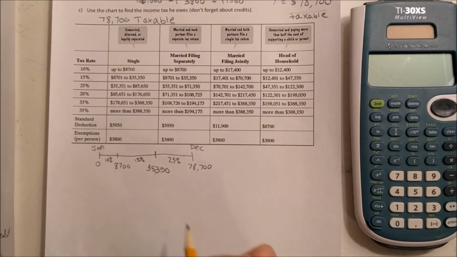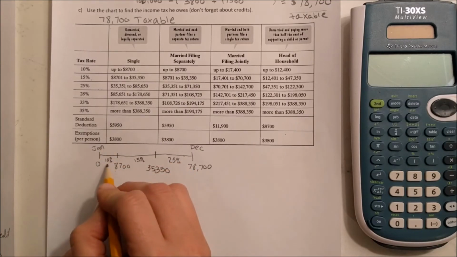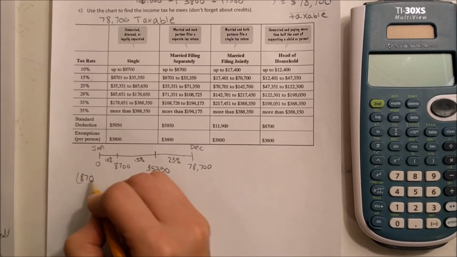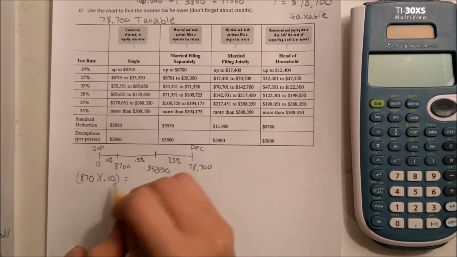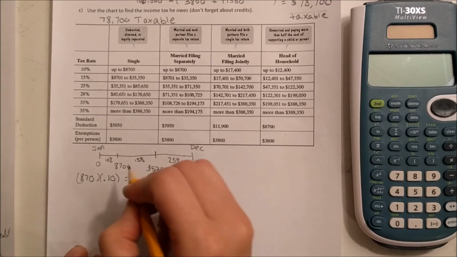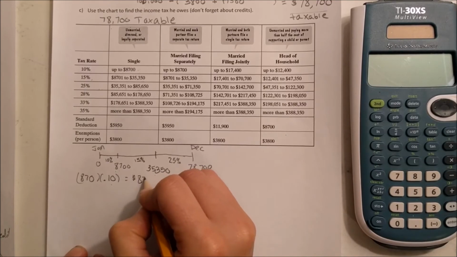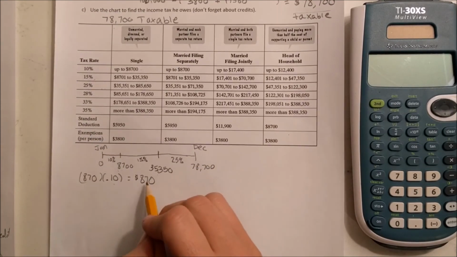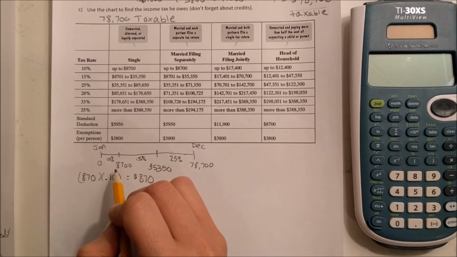Okay, so we start by saying, all right, this first $8,700 is going to be taxed 10%. So that's going to be 8,700 multiplied by 0.1 for my percentages. 10% is really 0.1 or 0.10, and this is going to be 870. I know because I can do that one in my head. So we owe $870 off the first $8,700 that we made.